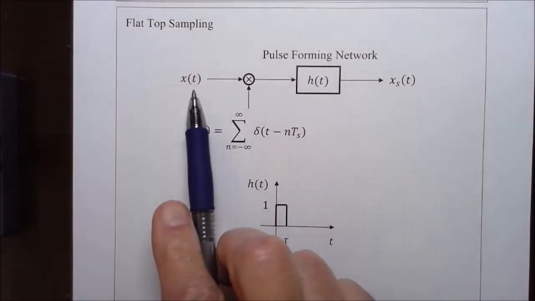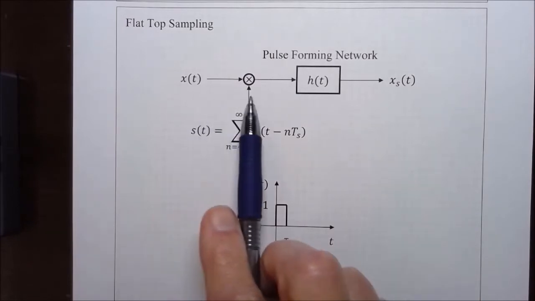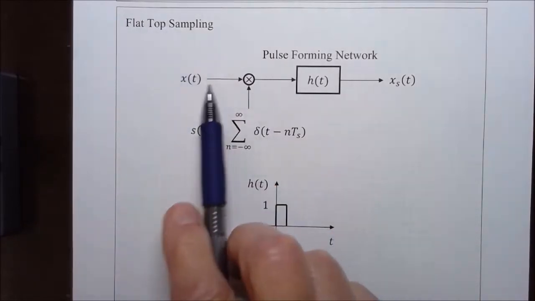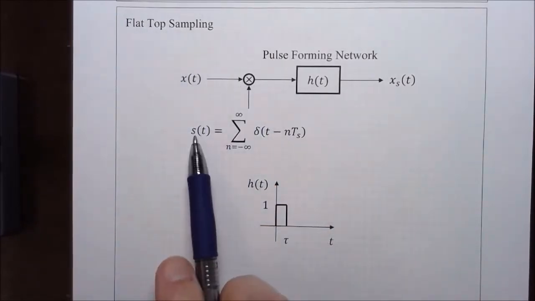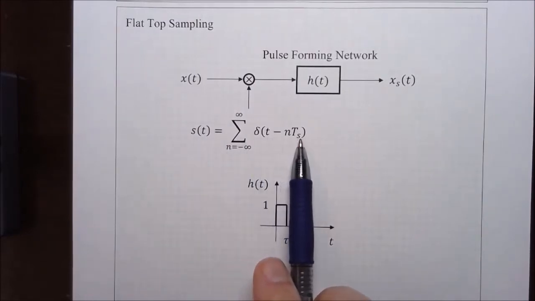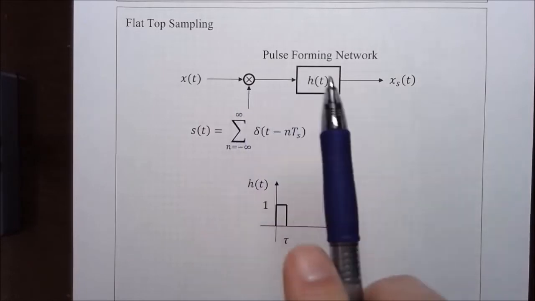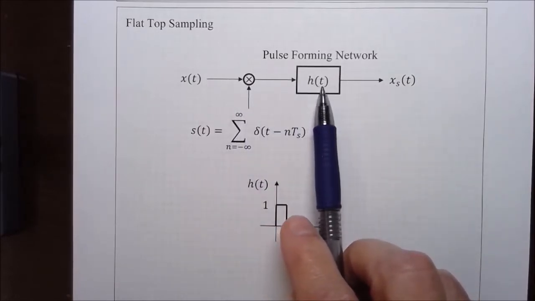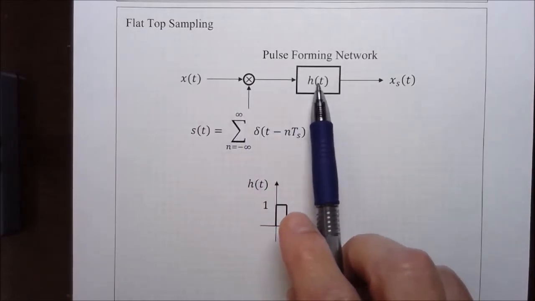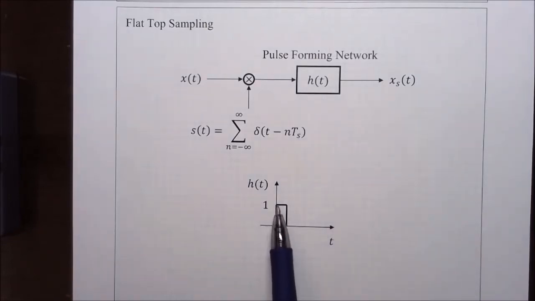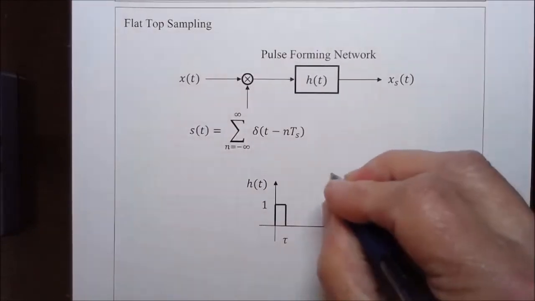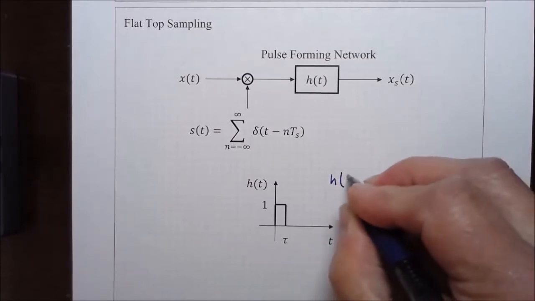We take the message signal again, and we want to model the flat top sampling by sampling the message signal with an ideal train of delta functions, and then taking these delta functions into a pulse forming network that has an impulse response given by this rectangular function. So this is going to be h of t.